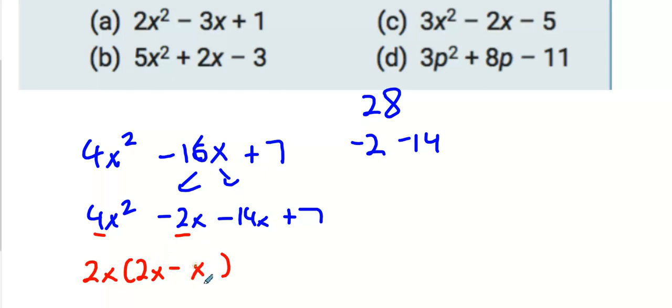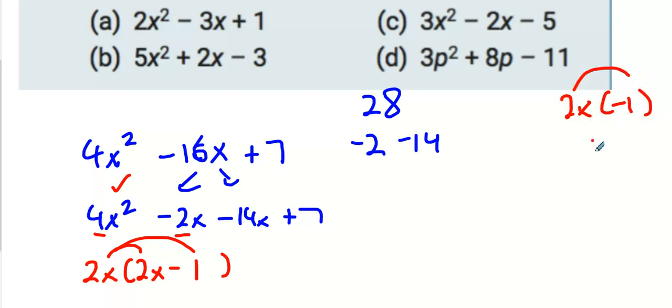If I put x in here, check it out. 2x times 2x, 4x squared. 2x times x, that'd be 2x squared. So I don't want that. What do I want? -1. 2x multiplied by -1 is -2x.